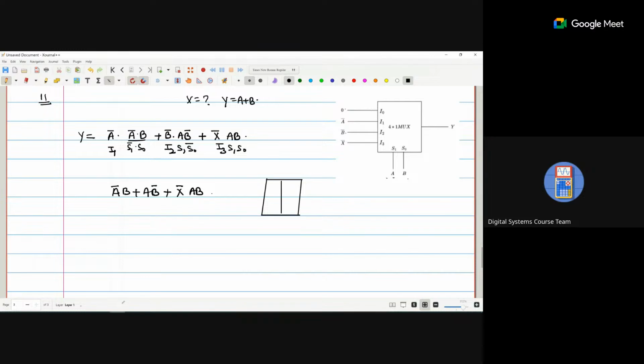Now if we solve with the K-map, this is A, this is B, 0, 1, 0, 1.